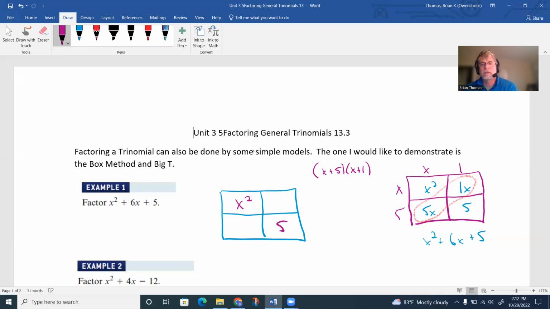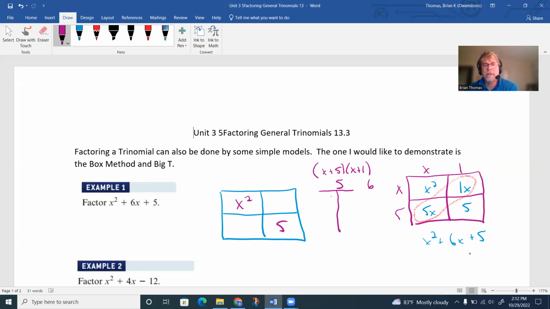But the catch is, notice how the 6x is broken apart into these two boxes. So where does the 6x come from? Essentially, it's just the factors of the 5. So if I use big T, notice that the factors of 5 have to add to a 6. So there are two puzzles we have to look for.